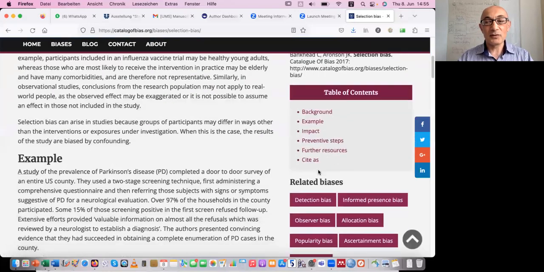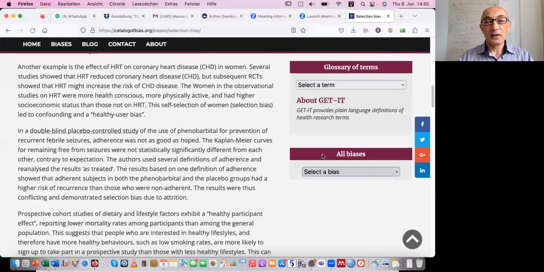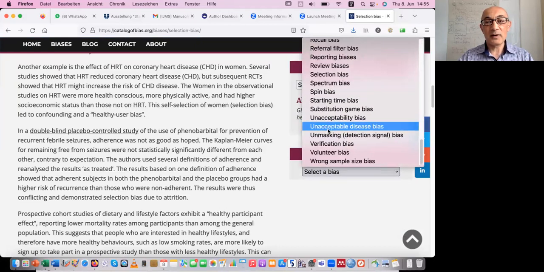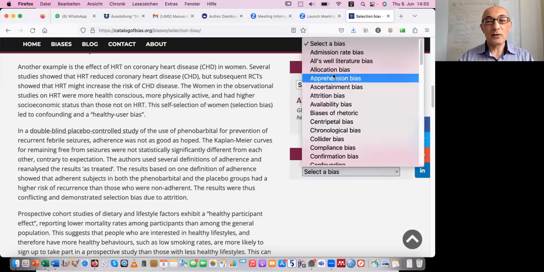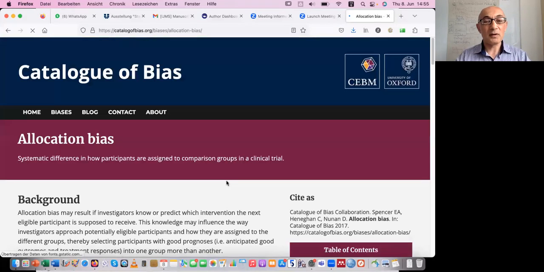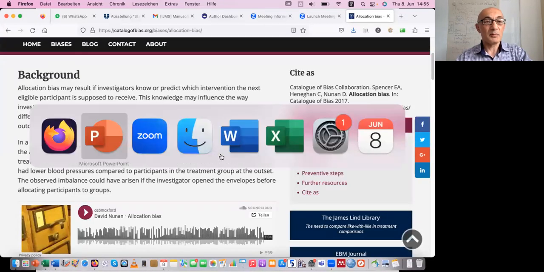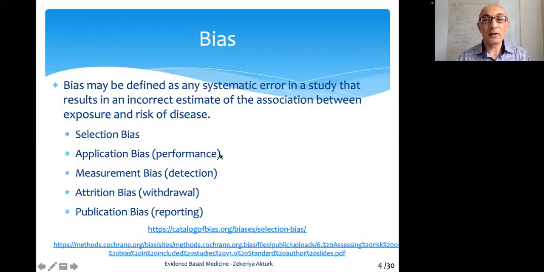It is very useful. Look here. There is a list of biases. There are tens of biases here. You may click on any one of them and read in detail what it means with examples. This is a beautiful, good, well done website, I believe. But our intention today is limited because of the presentation time.